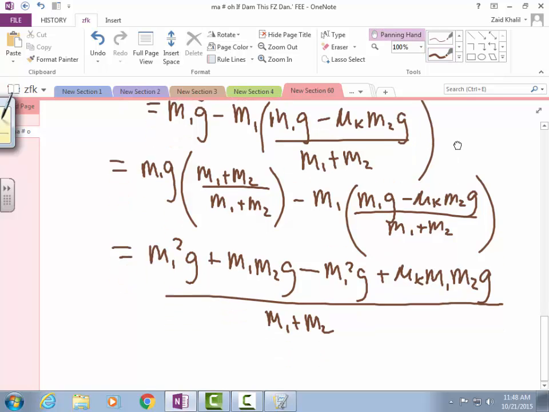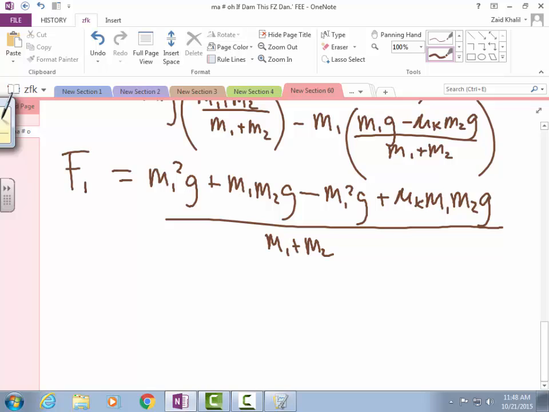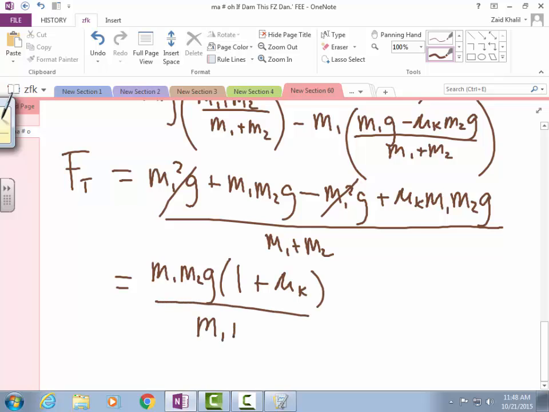So what does this mean? This means we have some cancellation. What's our cancellation? The M1 squareds. And what are we left with? Notice, what do these two share? M1, M2G. So you factor that out. What are you left with from this term? What are you left with on that term? There you go.